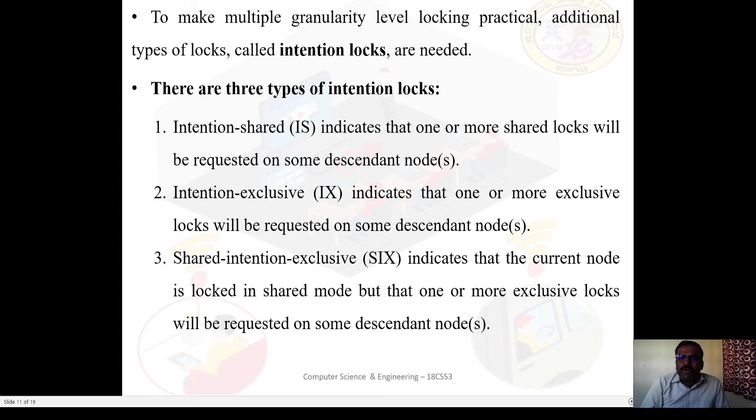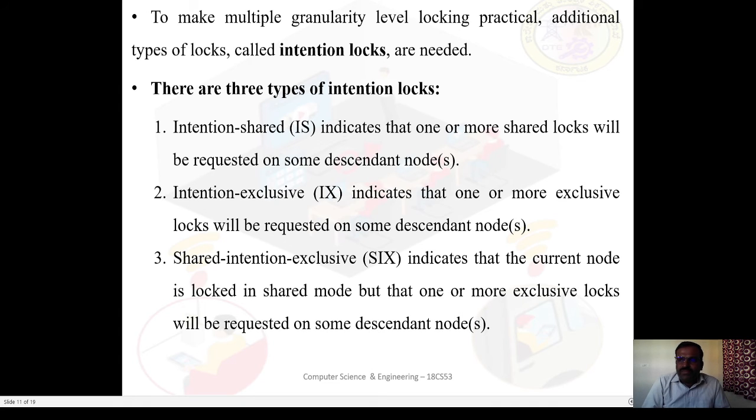To make multiple granularity level locking practical, additional types of locks called intention locks are needed.